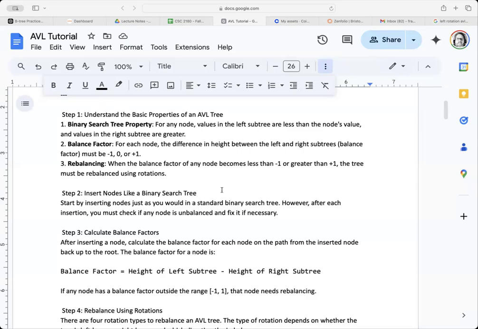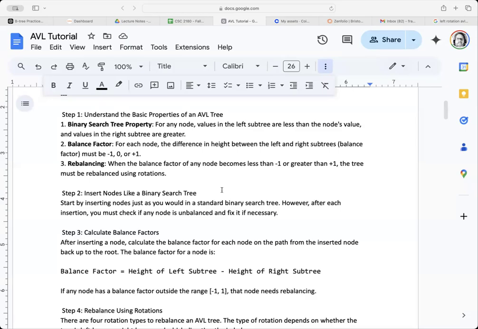So the longest edge, okay, is the height minus the height of the right subtree, okay? If that number is -1, 0, or 1, we're calling it balanced, okay? If it's more than 2 or less than -2, then we have a problem, okay? So when any node becomes in that range, so less than -1 or greater than +1, then the tree has to be rebalanced using rotations, okay?